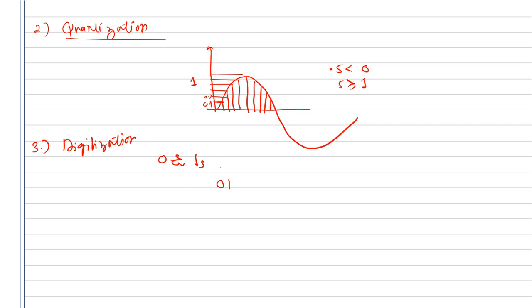It can be 0 1 0 1 1 1, or 0 0 1 1 1 1. So for example, all that lies as per your quantization method will be represented this way, like 0 1, or it can be this way.